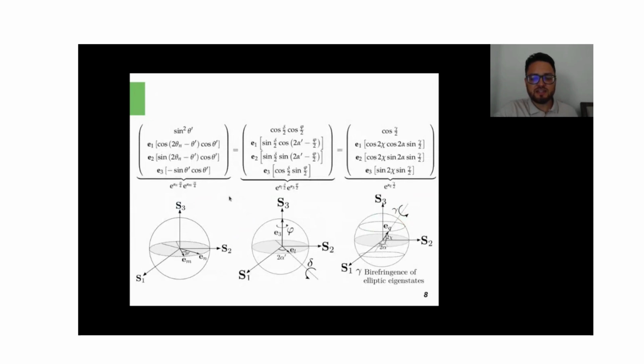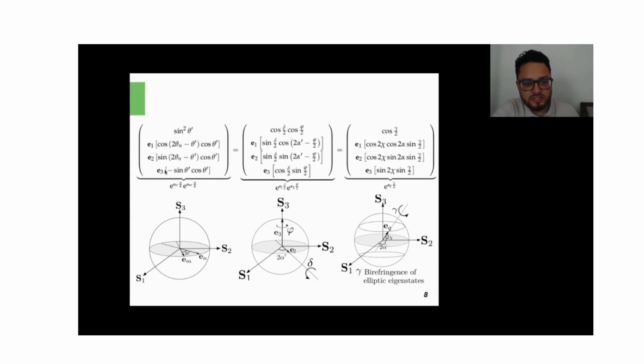This is the most important equation that we resolve. It is the product of both linear quarter wave plates, with theta tilde the angle between both. In physical space it is the rotation of the fast axis between the two. So this is the product of the two quarter wave plates.